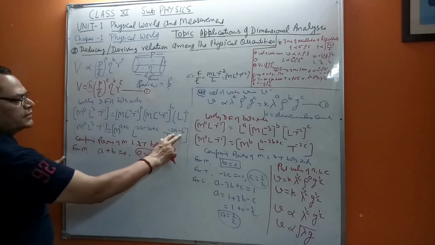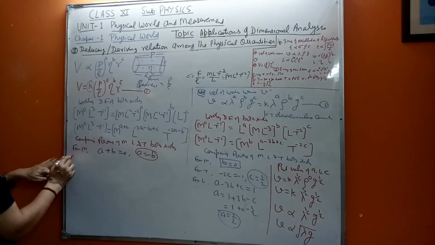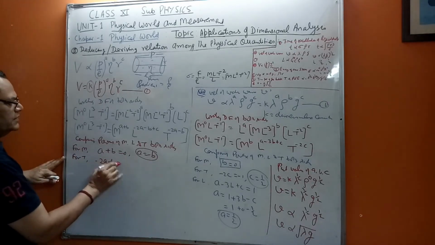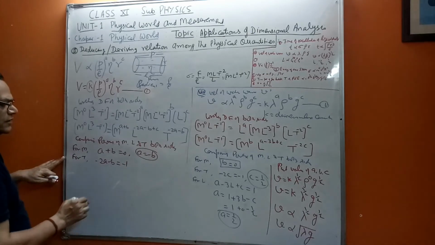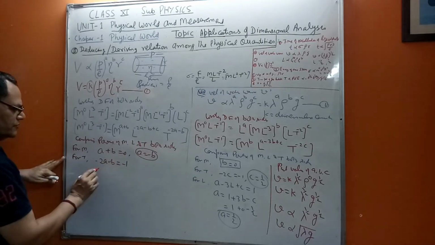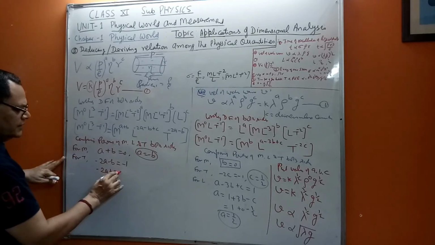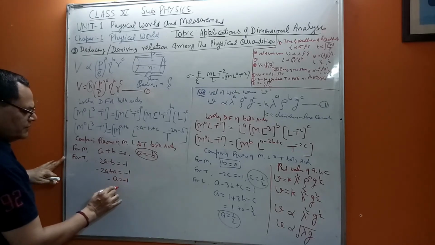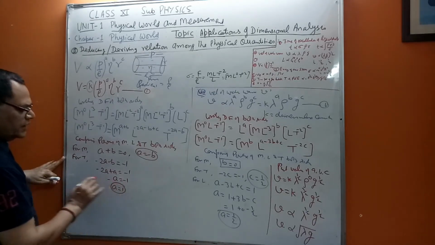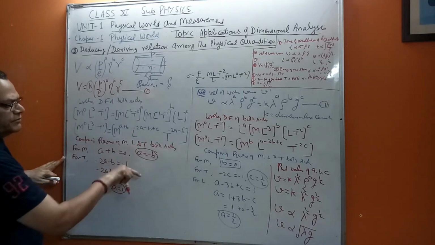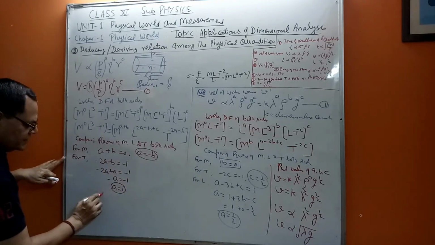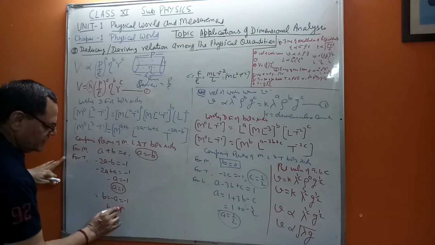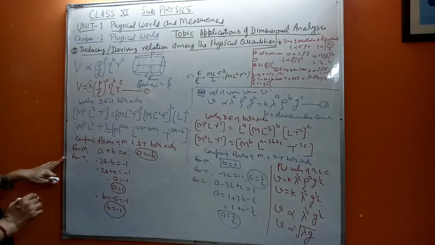And you can take the time also so that we can get the values. For time T, that is minus 2a minus b is equal to minus 1. But minus b is a, so minus 2a plus a is equal to minus 1. So you are left with minus a is equal to minus 1, or a is equal to 1. And once a is equal to 1, b will be minus a, that is minus 1. So we got the value of b as well, that is minus 1.